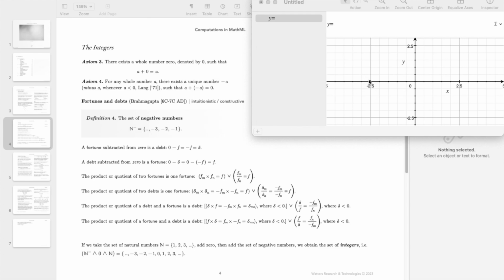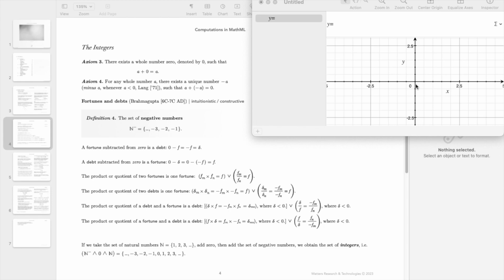So a debt in the value of $2.50, minus 2.5 subtracted from zero, yields a fortune in the amount of $2.50. All right. A fortune subtracted from zero yields a debt of $2.50. A debt in the amount of $2.50 subtracted from zero yields a fortune of $2.50.